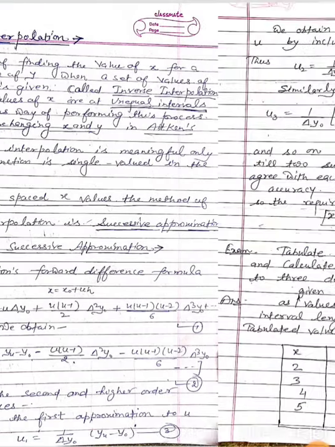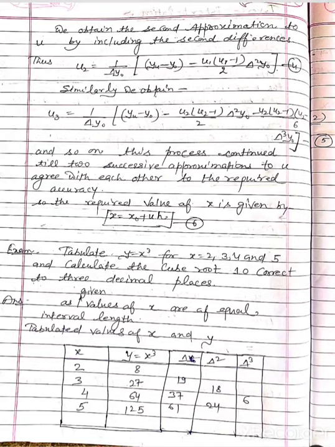The value of u given by the second approximation is represented by u2, and this comes out to be given by equation 4. So we have considered the terms up to the second difference del square y0.